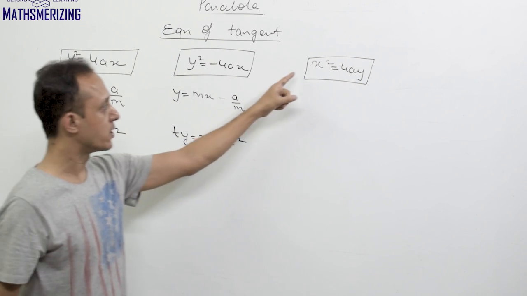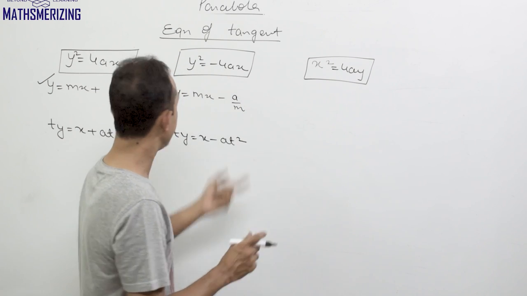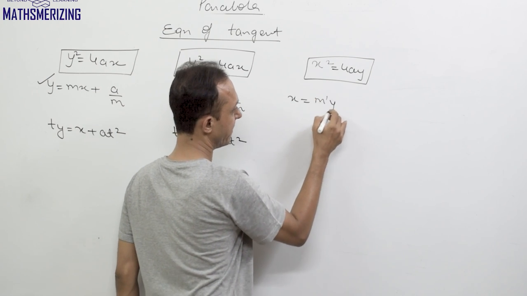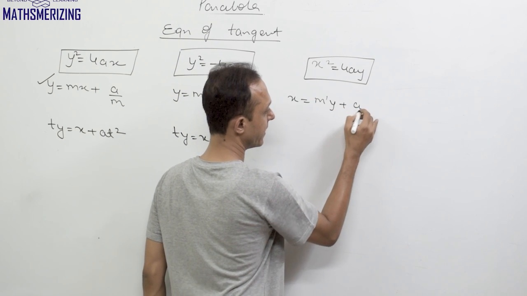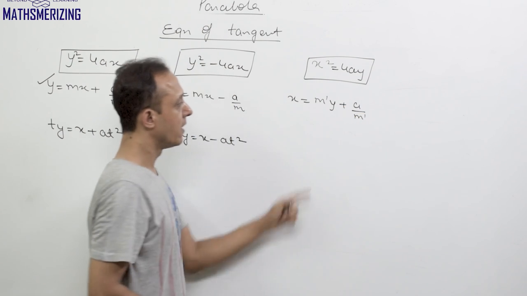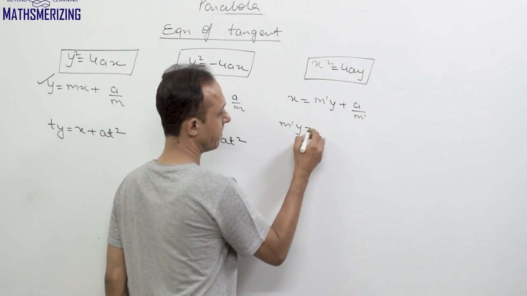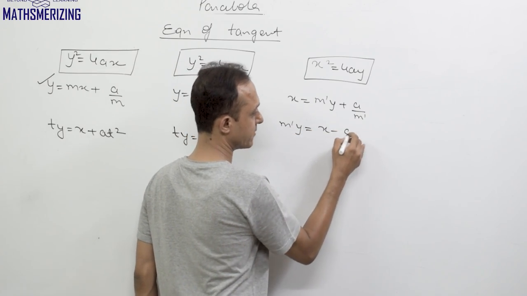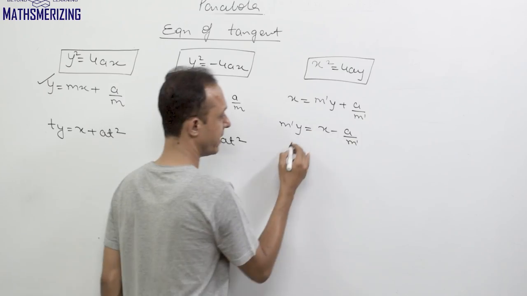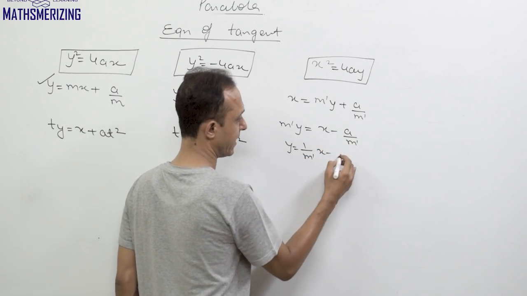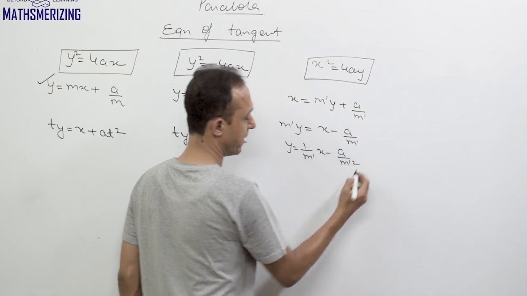So for this third equation, we can write the tangent as x equals, suppose m dash y plus a upon m dash. I can rewrite this equation as m dash y equals x minus a upon m dash, or I'll write y is 1 upon m dash x minus a upon m dash square.